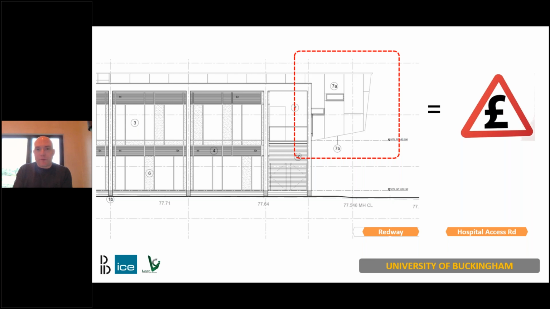What you can see there, framed in red, is a side elevation of the building, the side of the lecture theatre that was shown protruding beyond the footprint of the main building. Again, we were very close to the hospital access road, a very highly utilised main access artery into the hospital campus.